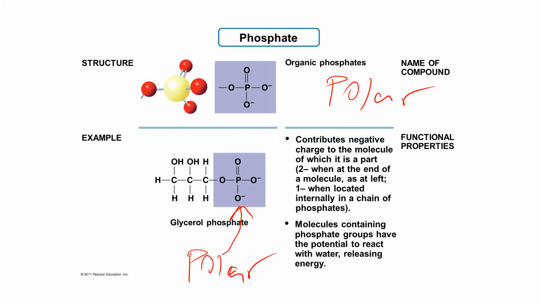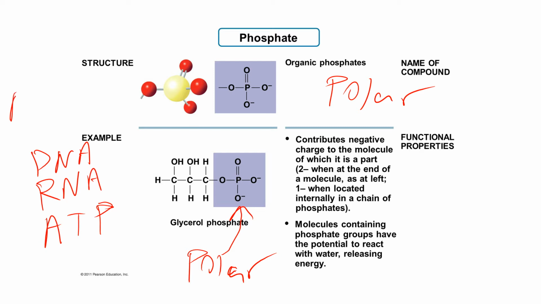Now, your phosphate groups are an important component of DNA, things like RNA, things like ATP. So you're basically talking about your nucleic acids.